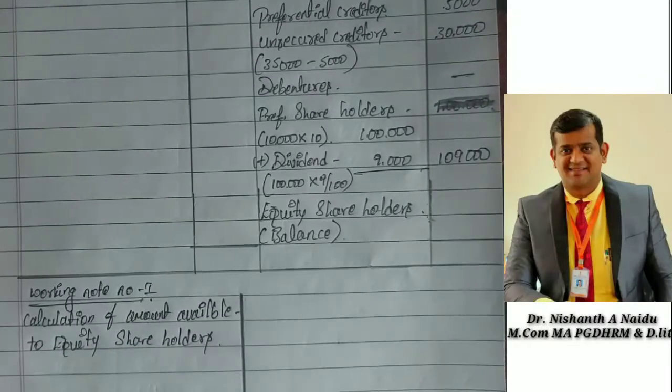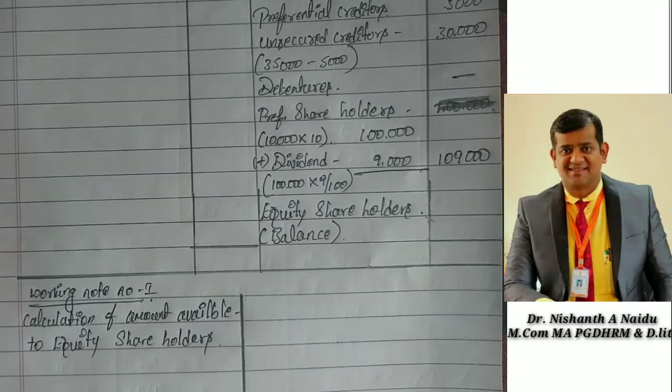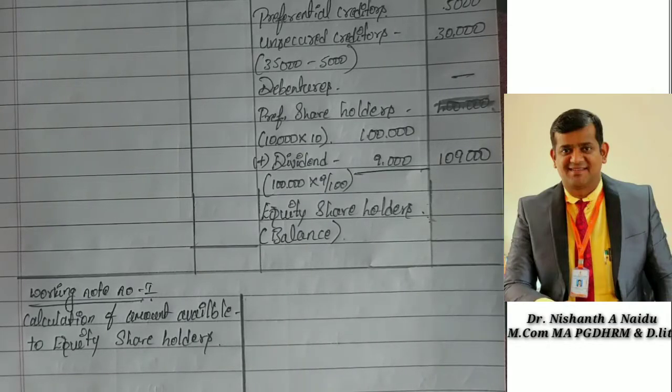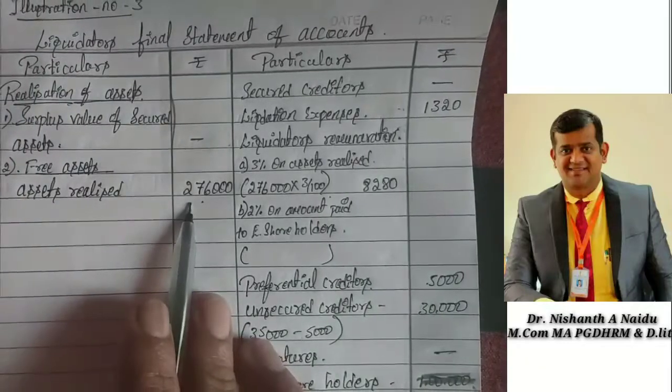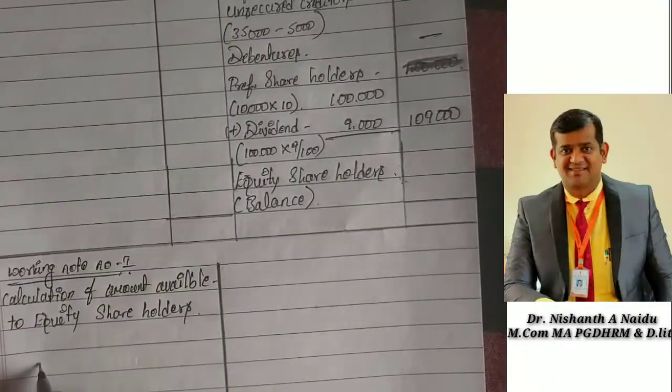Done. So now how much is the amount available for equity shareholders? To calculate that, what are the assets realized we have here? 2,76,000. So I am writing that.